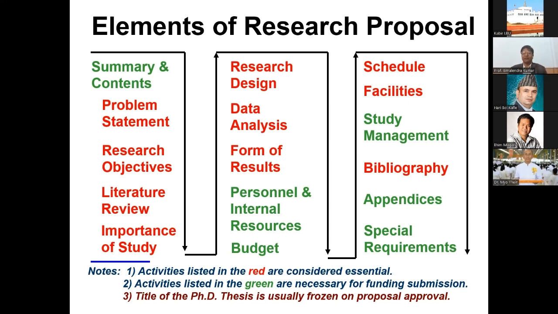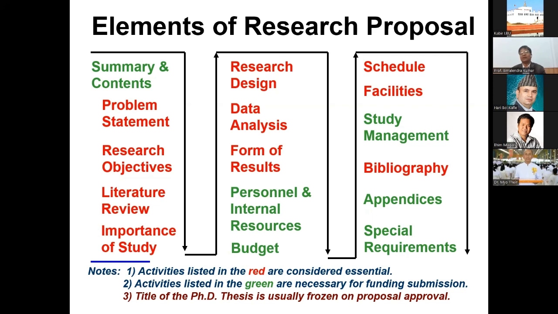Then personnel and internal resources. What are your sources for the collection of the research materials? Whether you are going to appoint some persons related with the research project, and what the internal resources will be, like a laboratory or other scientific laboratory meant for collecting the research materials.